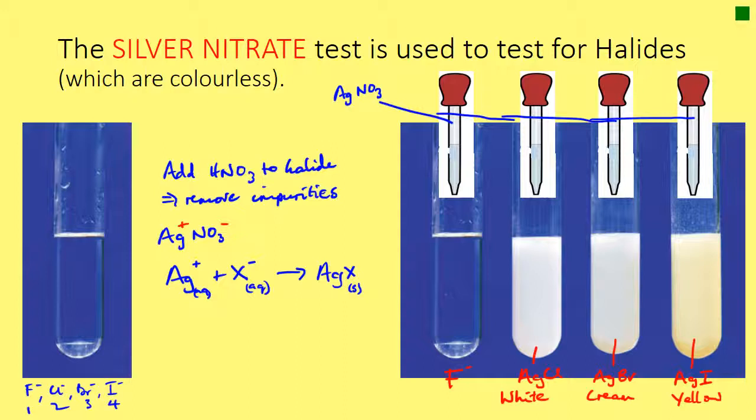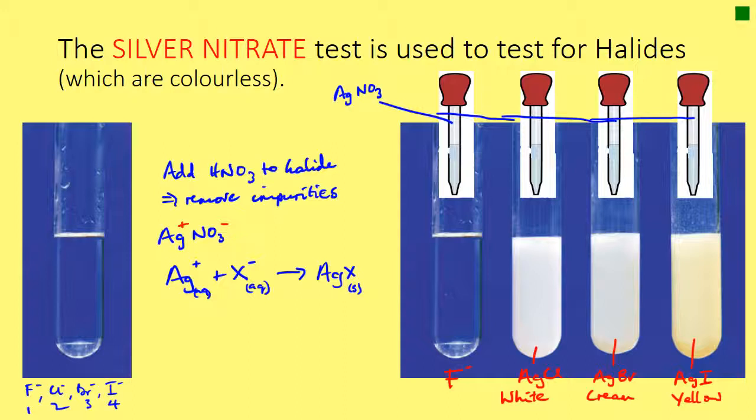So silver nitrate has a formula AgNO3, because the Ag is a 1 plus ion and the NO3 is a 1 minus ion. And what happens is the silver ion reacts with the halide ion, and sometimes you get a precipitate. So it's like this: you've got Ag plus the halide ion.